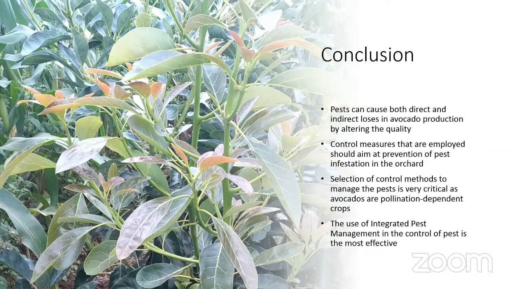Hence, you lose indirectly by not accessing that market. Number two, because the quality of the fruit is altered or compromised, even in the local market, you will not access certain markets, especially if your market is the supermarkets.